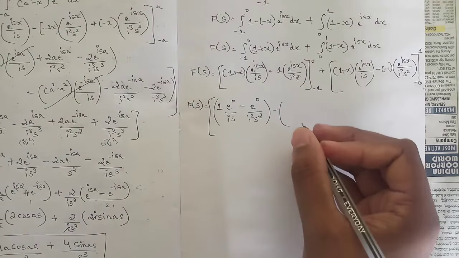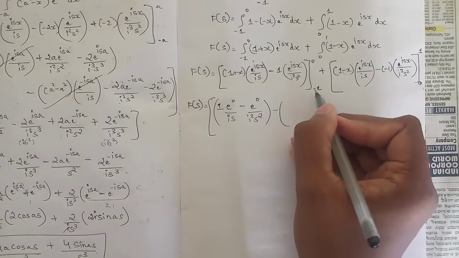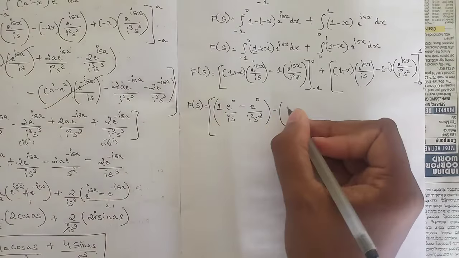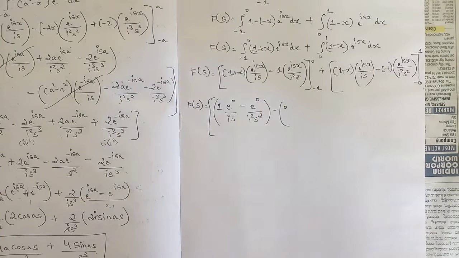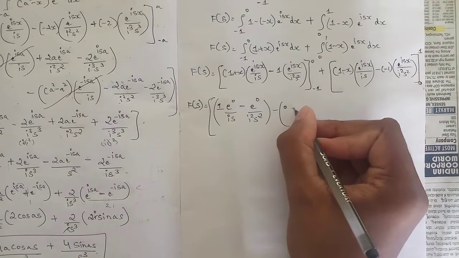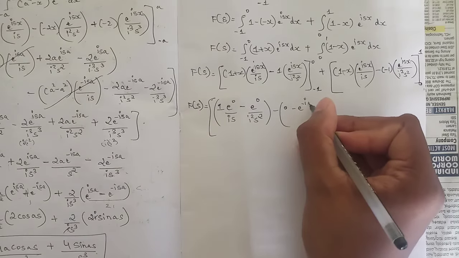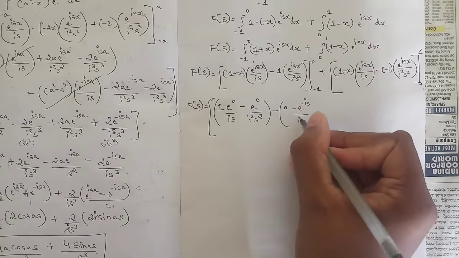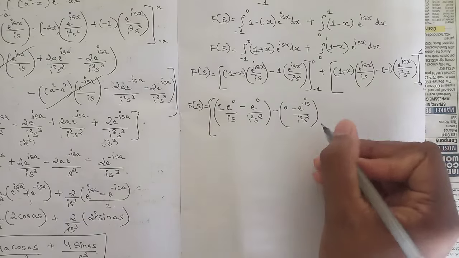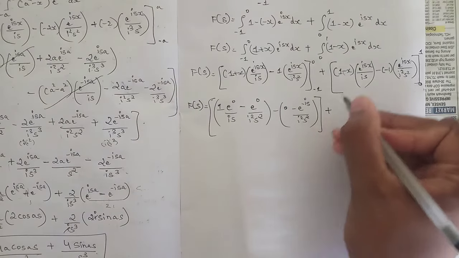Minus the lower limit, that is 1 plus minus 1, so 1 minus 1 is 0, so this whole term will become 0, minus e power minus is, since the value of x here is minus 1, divided by I square s square.